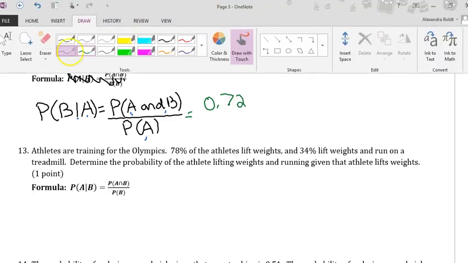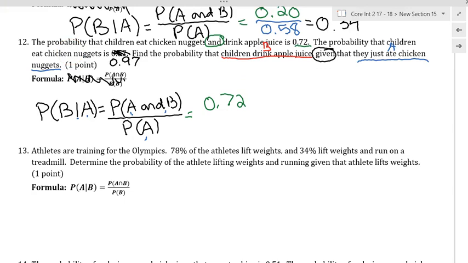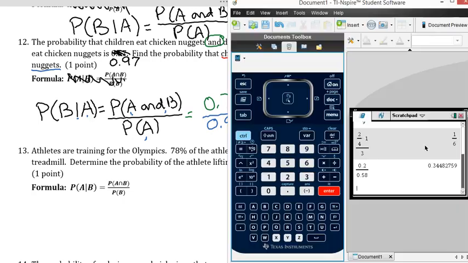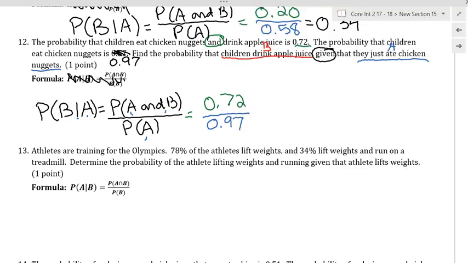Then I need the probability of A. Why they just ate, the probability of eating chicken nuggets is 0.97. I'm going to divide both of these. I get 0.74.